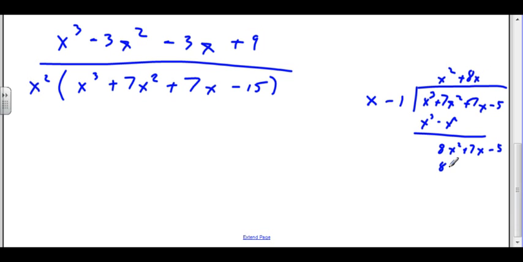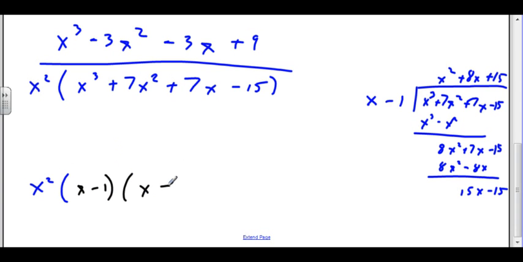So I have 8x squared minus 8x. I subtract and I get 15x minus 15. Even though I only have a 5 there, I know that that's really a 15, right? And so that's going to go in plus 15 times. Okay, so the bottom guy factors: x squared, x minus 1, x plus 5, x plus 3.